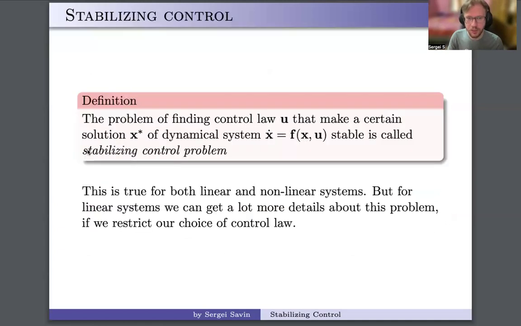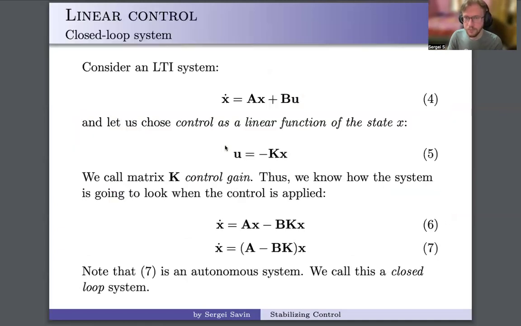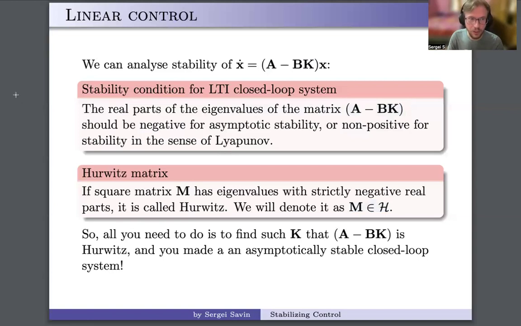Here. Now we can formulate it like this: find such a K that A minus BK is Hurwitz. That would achieve stability of the closed loop system, so the system would become stable.